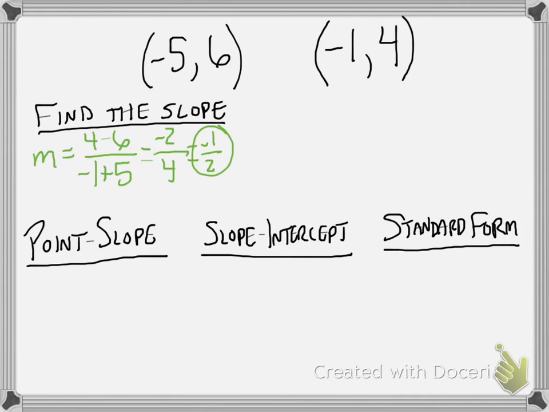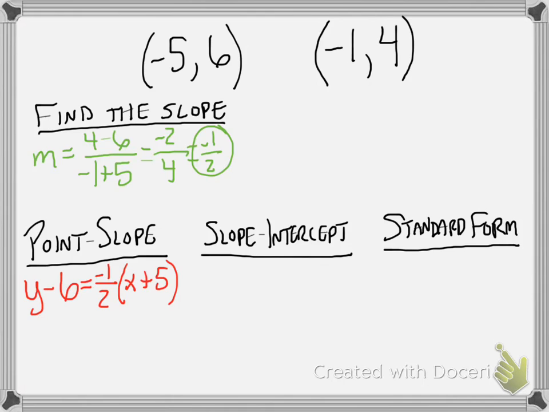I want to use that slope and one of our points to plug in point-slope form. So point-slope form, we have y minus 6 equals negative 1 over 2 times x plus 5. Now, x plus 5 is again there because our x that I plugged in is a negative number. So it's x minus negative 5, which becomes x plus 5. This is our point-slope form in red.